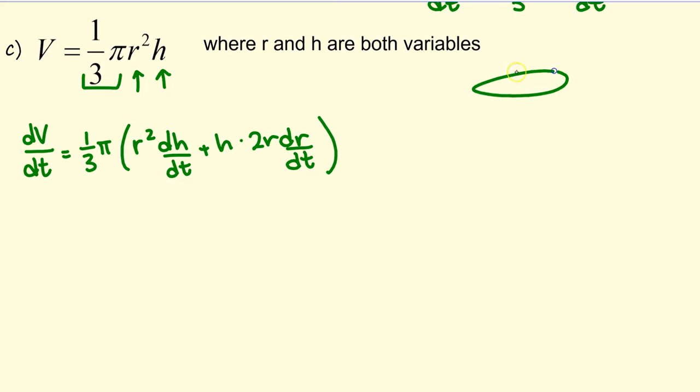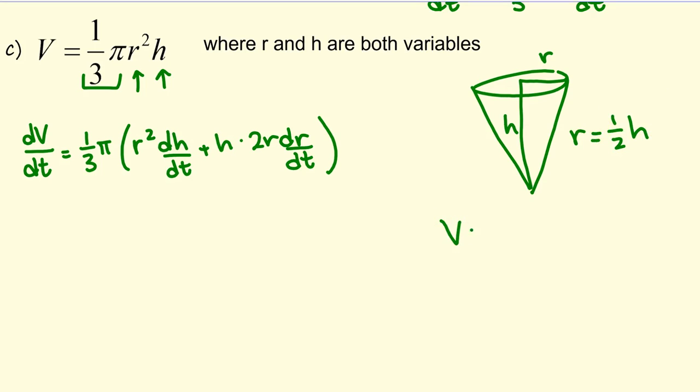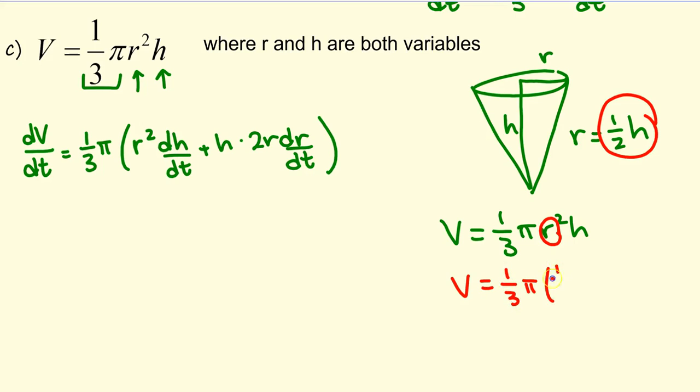For example, let's say the problem told you that you have a cone, and let's say that it said the radius is always half the height. If that's the case, you could go back to your beginning equation and you could substitute 1/2 h in for r and create an equation that's only in terms of h.